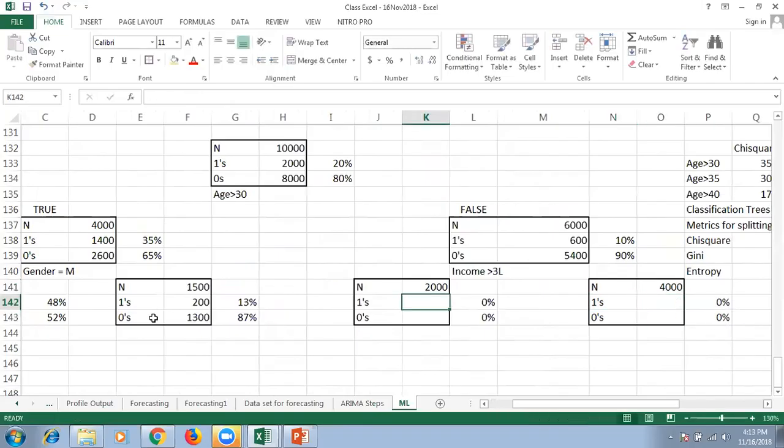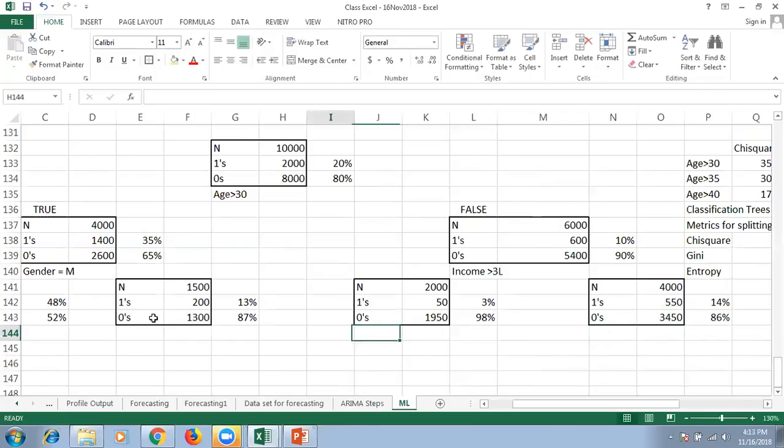Out of 2,000, only 50 customers are bad customers, and 1,950 are good customers. In this case, 550 customers are bad customers, and 3,450 customers are good customers. Does that make sense?